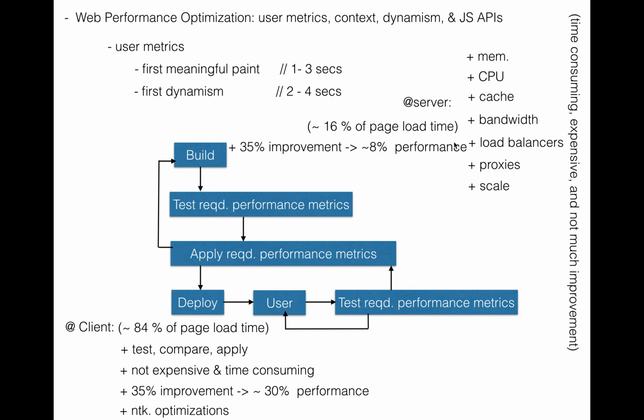So thus, guys, it is very important that as a general rule, we do performance testing at the client side or at the front end, so that we test for the real web performance with respect to the different contexts. And we can achieve this using different JavaScript APIs and test it at the client end. Alright, thank you.